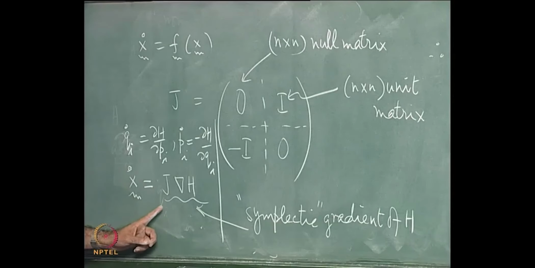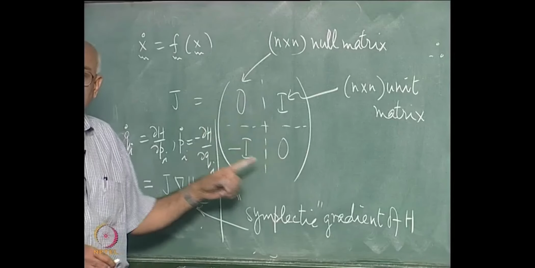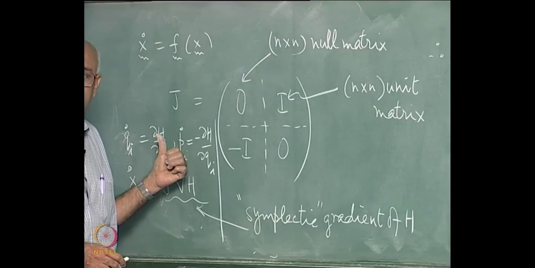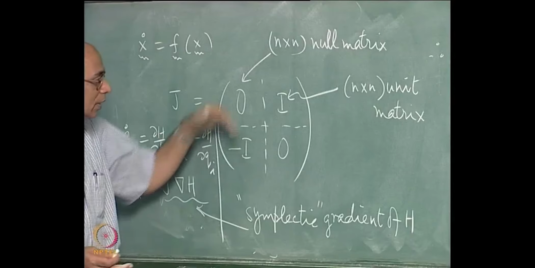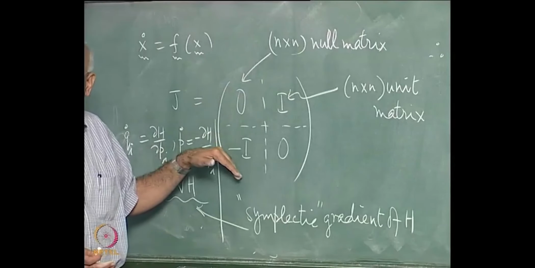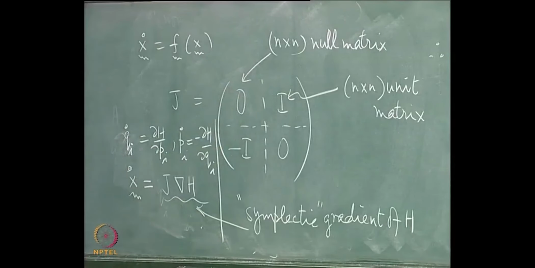This matrix J has remarkable properties. What is the square of J? Well, it is immediately clear from this that the transpose of J is minus J, because these guys would go there and those fellows would come here. What do you think is the square of J?